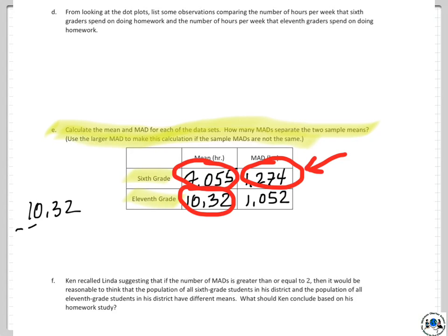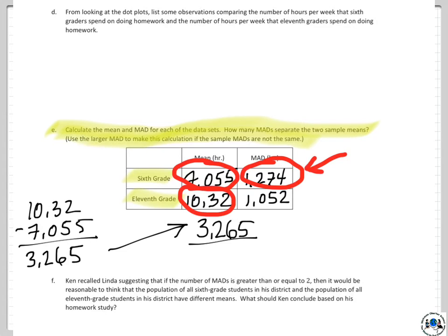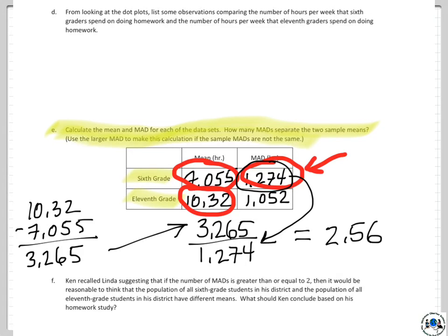How many of those are in that difference? We find that difference first. We have a difference of 3.265, and that becomes our numerator. We divide that by the larger MAD, which comes from the 6th grade population, 1.274, and what we get is 2.56.